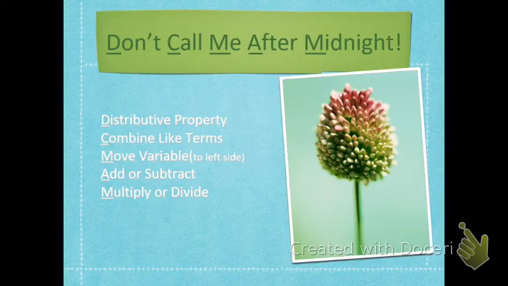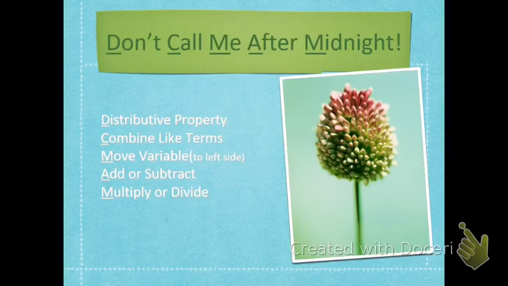The first letter of each word is going to help you remember the steps to solving a multi-step equation. We're going to fill in those blanks and add a few extra things. The D in don't stands for the distributive property. When you look at a problem, what symbols do you see if the distributive property is there?